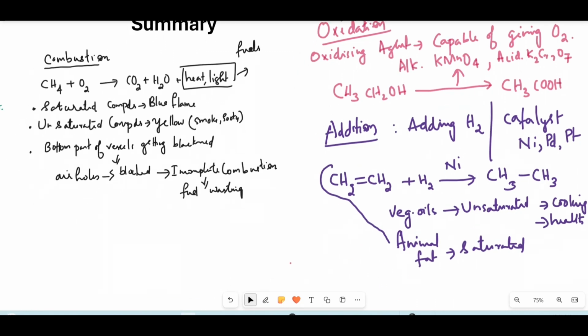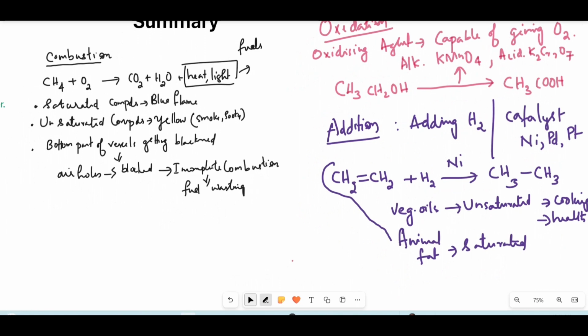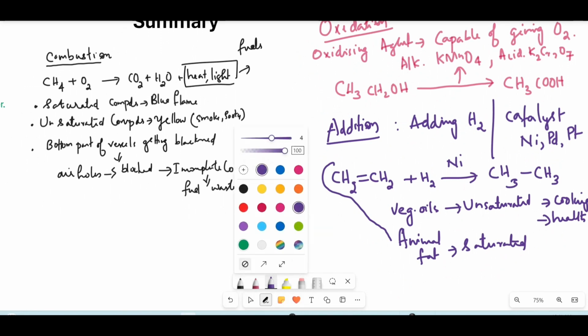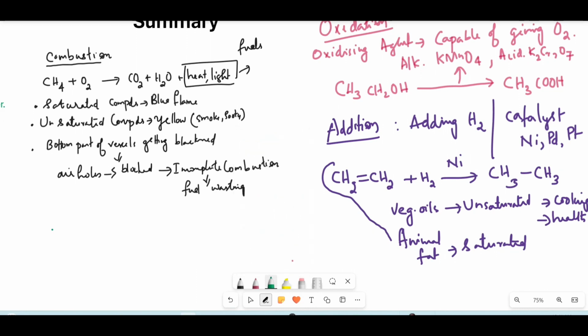Now, the last reaction we studied is substitution reaction. What is substitution? Substitution means we are replacing one hydrogen from the alkane with chlorine or bromine or any other atom or group of atoms.